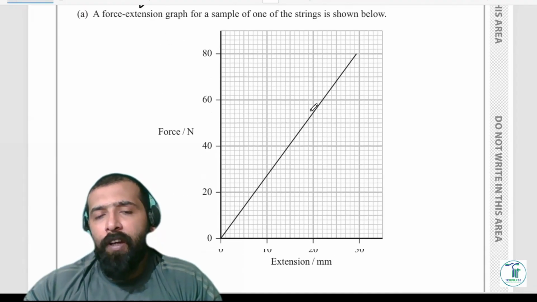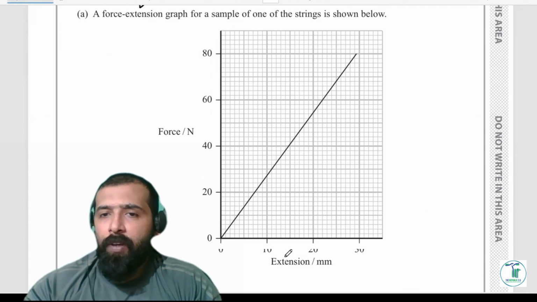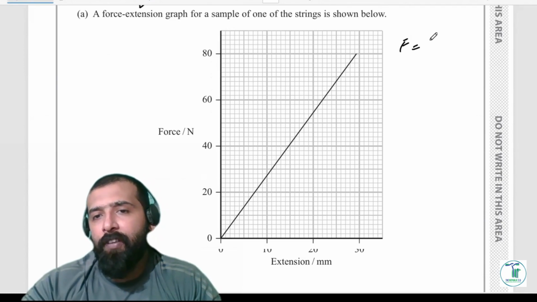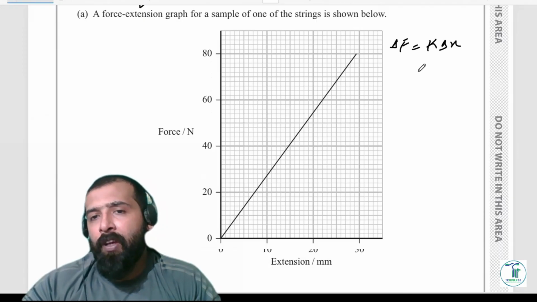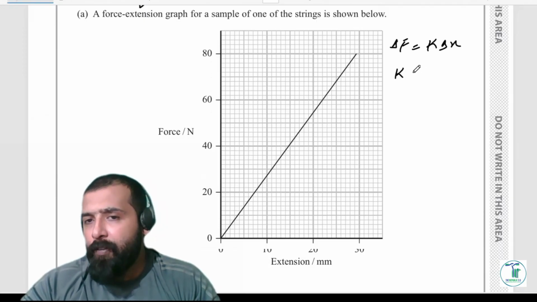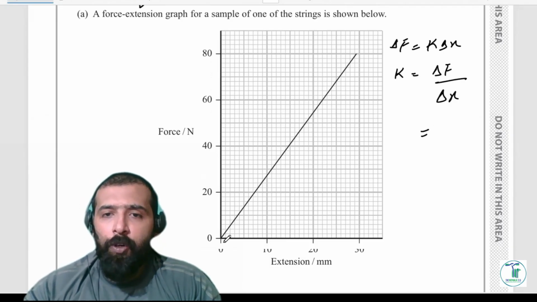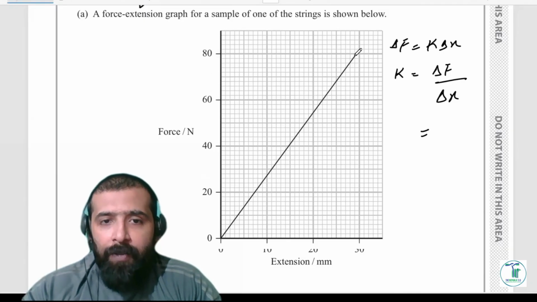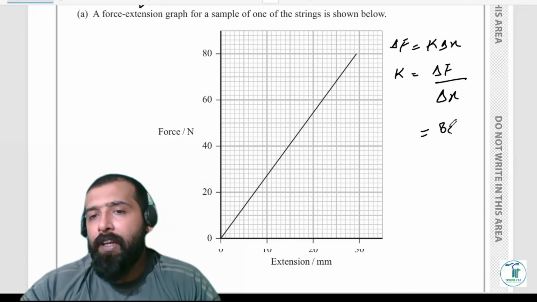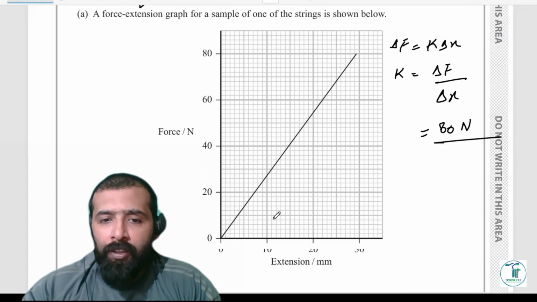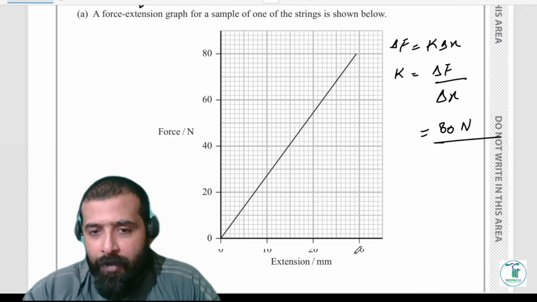You can all see that you've got the force and the extension, and there is Hooke's law that states F is equal to K delta X. So if you want to calculate the stiffness of the spring, that has to be delta F divided by delta X. The change in the force is from 0 to 80, that has to be 80 newtons. And the extension went from 0 to 30 millimeters, right?